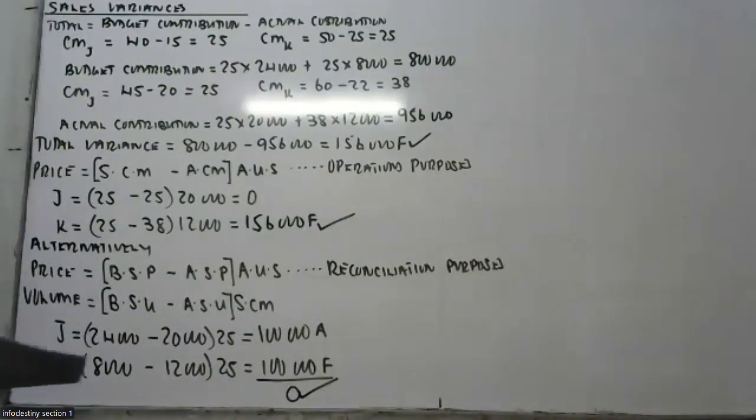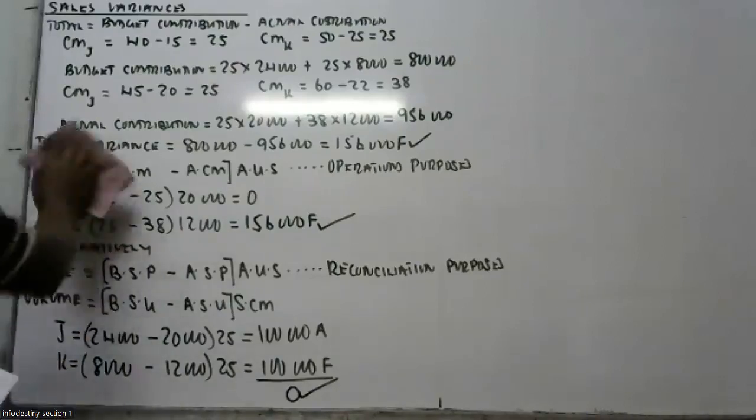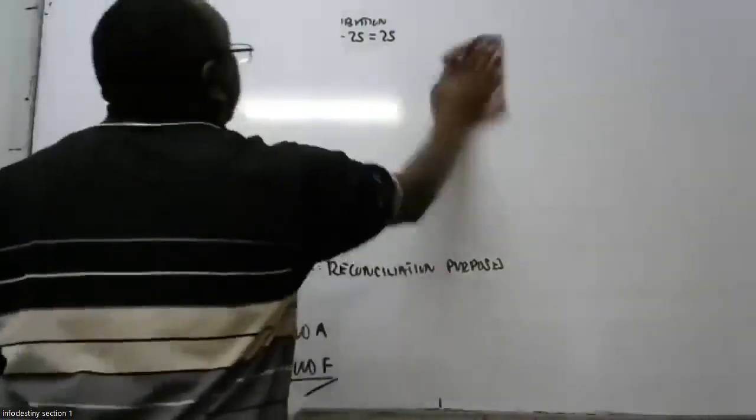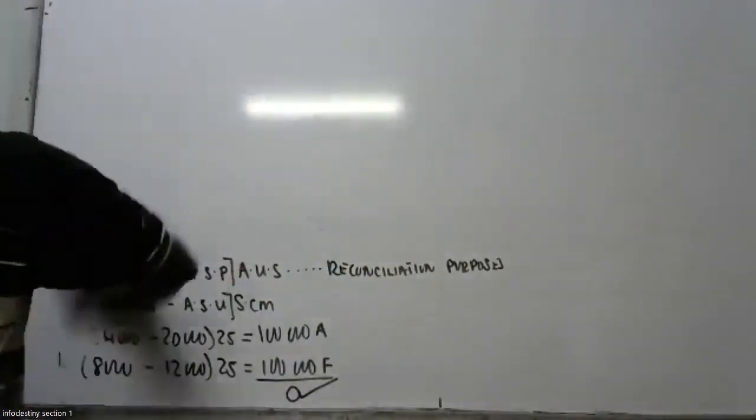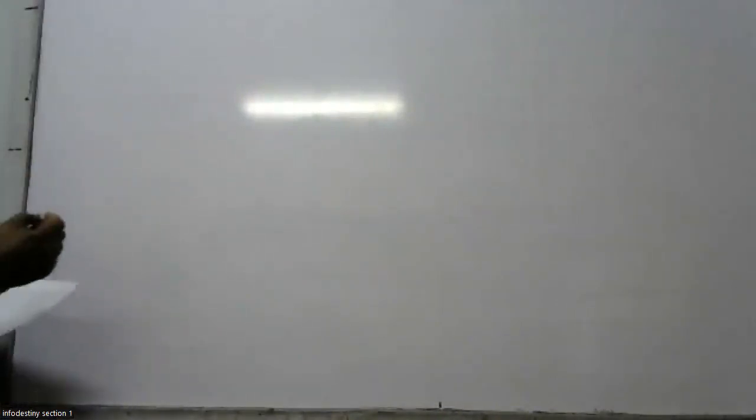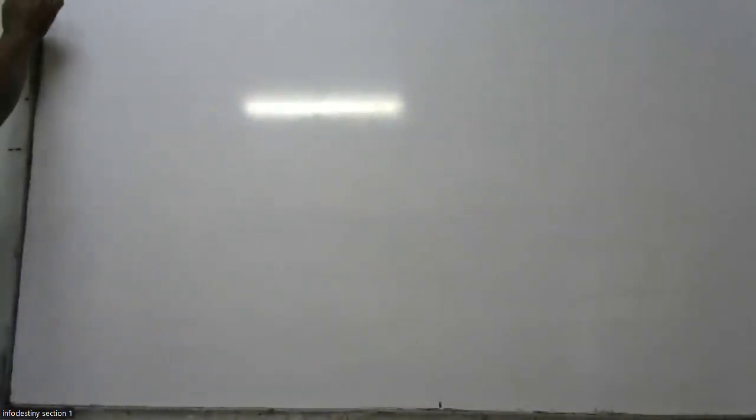So we now proceed to compute the next one. We are still proceeding with the sales variances. So the next one is mix.